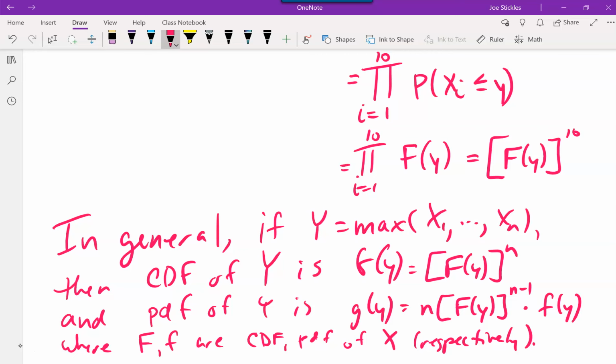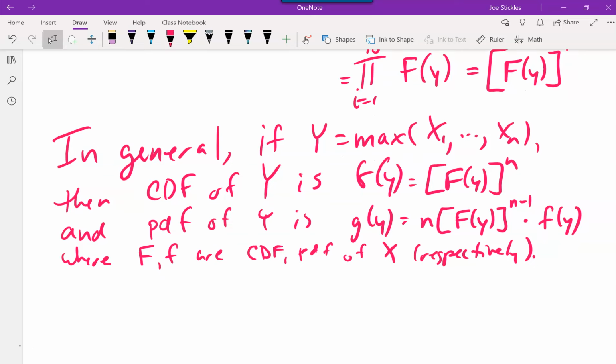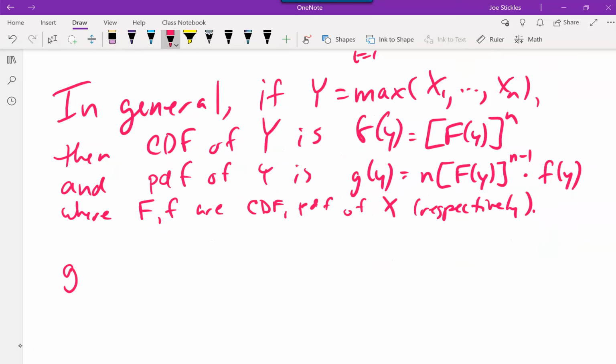All right, so going back to the original problem then, our n was 10, correct? Right? So we would have our little g of y is going to be 10 times capital F of y to the 9th times little f of y.